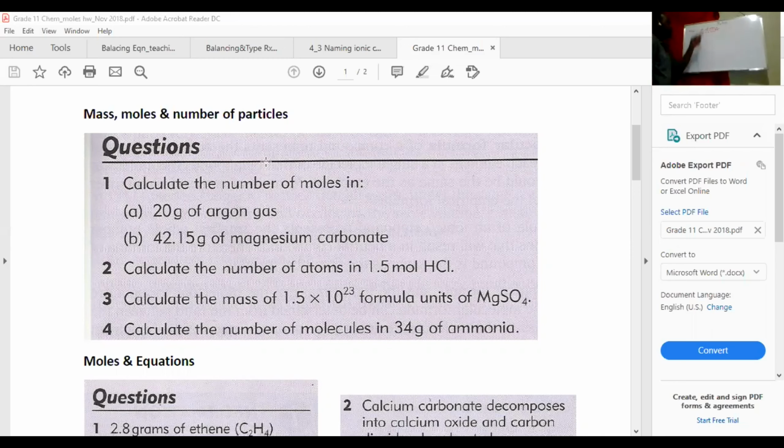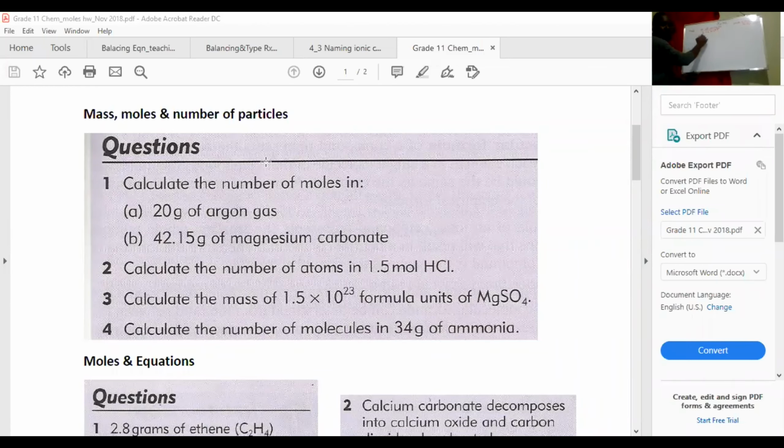We're given the amount of molecules or particles or atoms, so we need to first find the mole before we can find the mass. Because remember, mole is equal to mass over molar mass. So we first have to find the mole first.